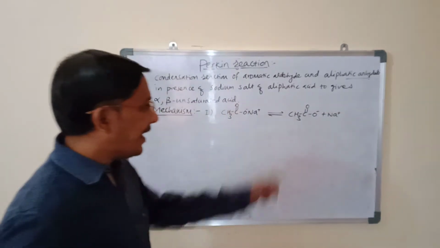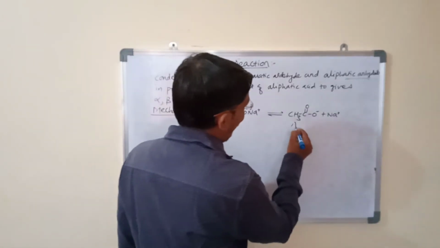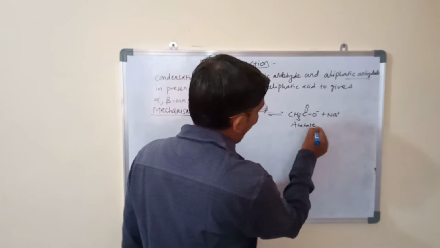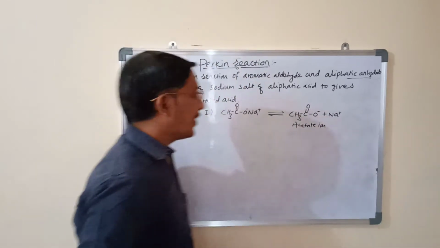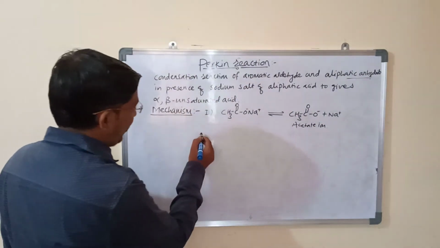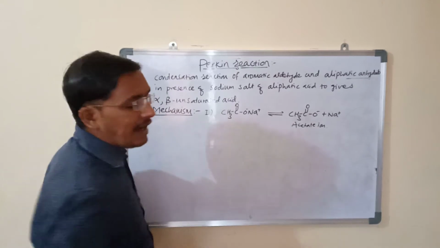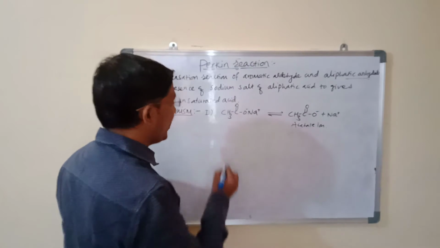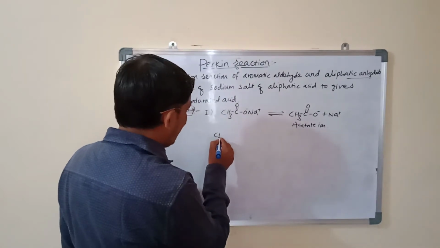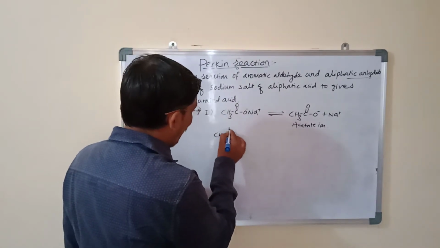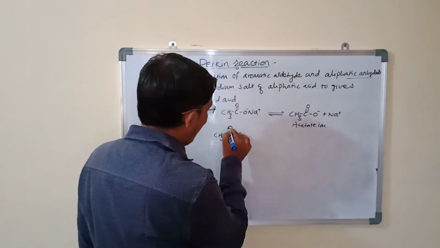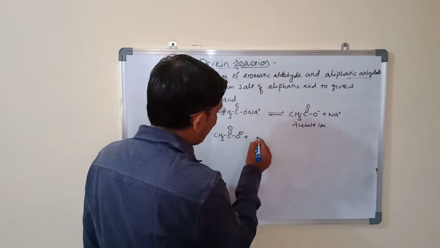That is the acetate ion. The acetate ion will abstract the acidic alpha hydrogen from the anhydride.